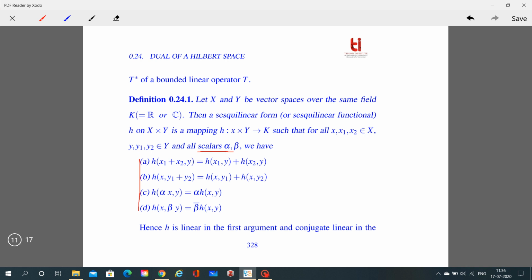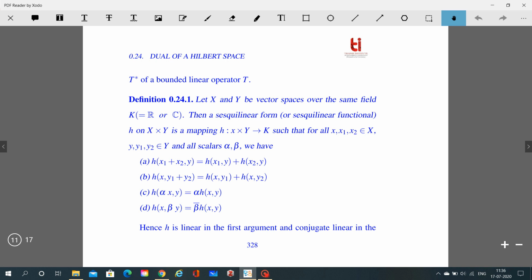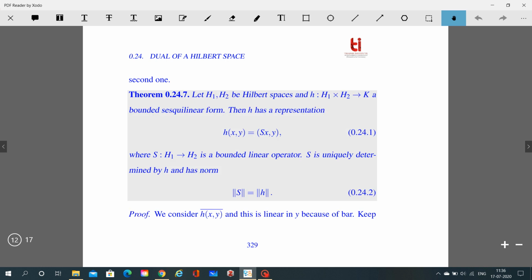h of alpha x comma y is equal to alpha times h of x comma y. h of x comma beta y is equal to beta bar h of x comma y. So we can say that h is linear in the first argument and conjugate linear in the second argument. Clear? Based upon this, we have the Riesz representation theorem in sesquilinear form.